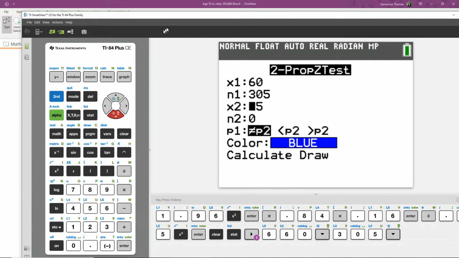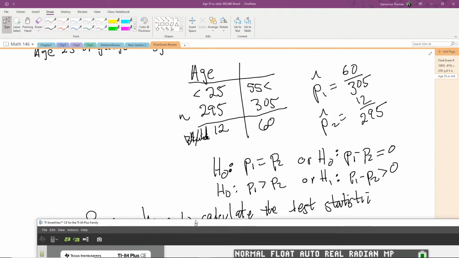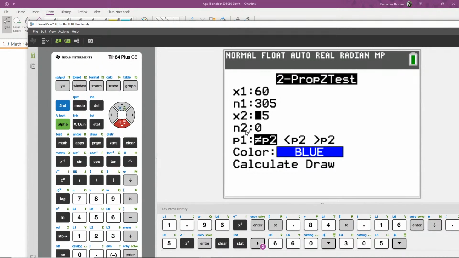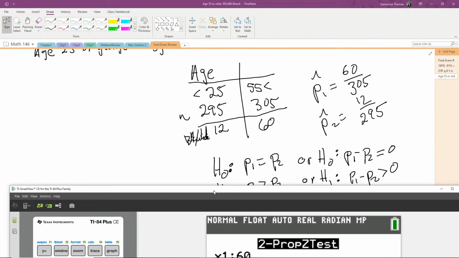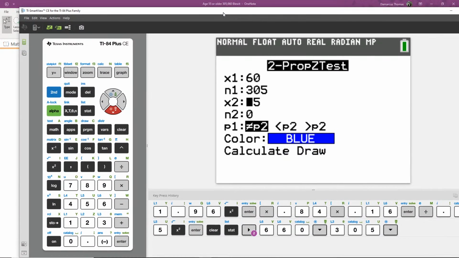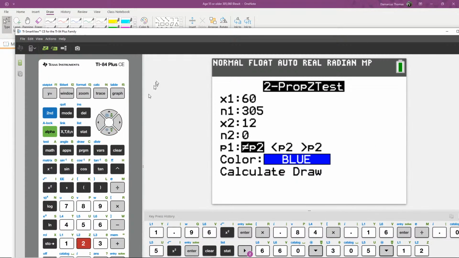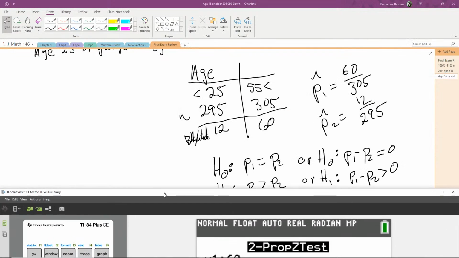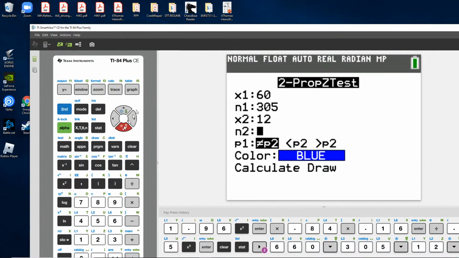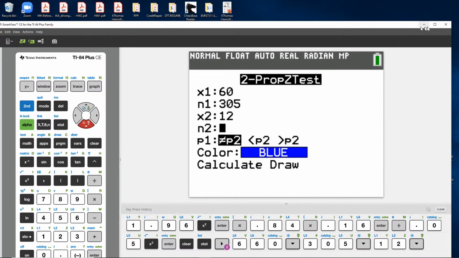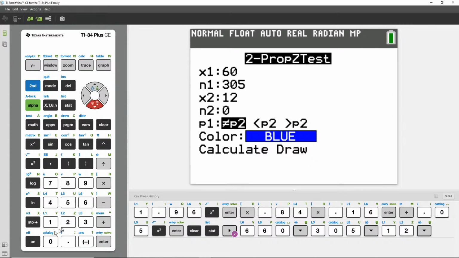Now in the second group, which is the younger group, x2 is the successes, in other words, how many actually dream in black and white. That's going to be 12. Now the population n2 is 295.